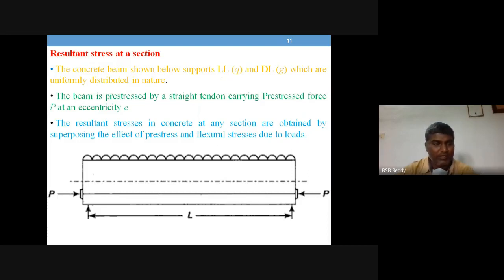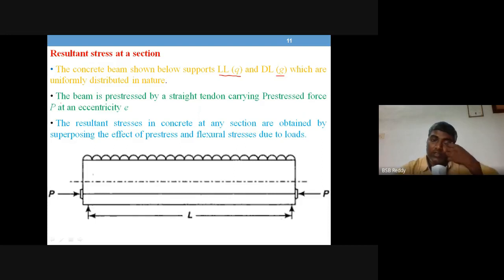Now it is taking loads like dead load and live load. Say live load value small q and dead load value small g. If these are the loads coming onto the cross section of the beam, how do you calculate the final stresses in the concrete? That is what we are going to see in this session.